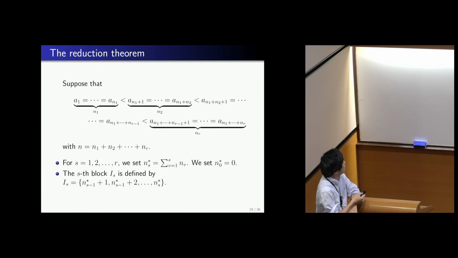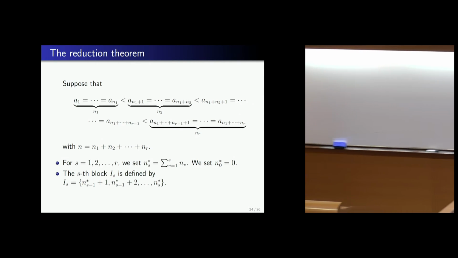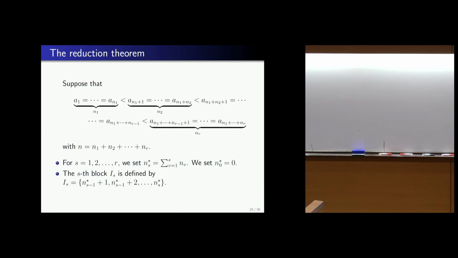Suppose that A_1 is equal to and so on A_{n1}, and then it is smaller than A_{n1+1}, and these are equal, and then smaller than A_{n1+n2+1}, and so on. So we can define a block as a subsequence of this.